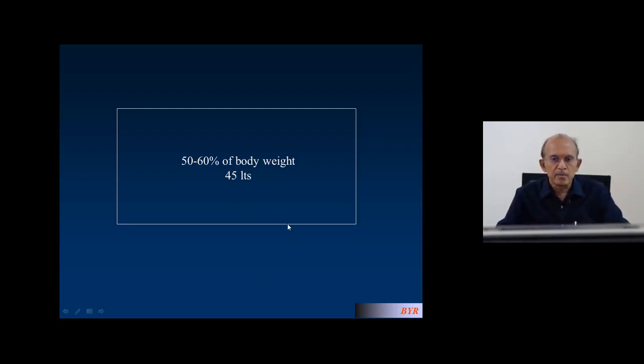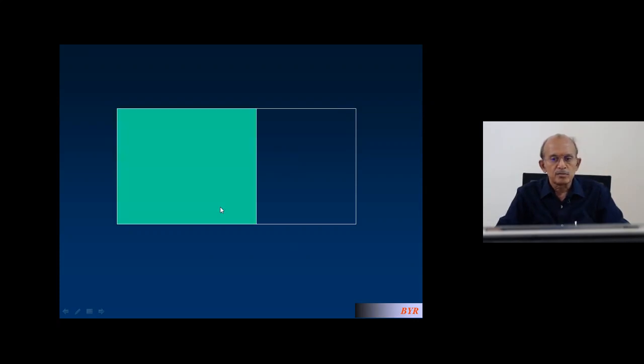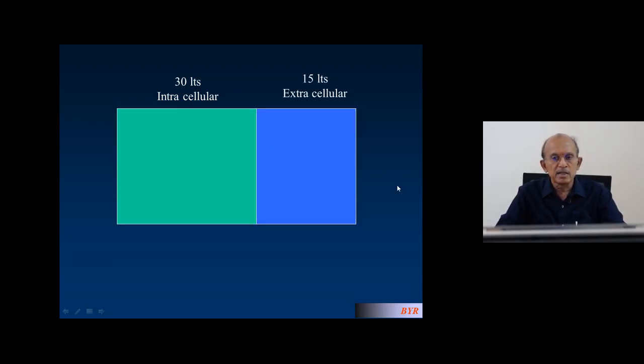Now let us see here, 50 to 60% of the body weight, that means approximately 45 liters in a 75 kg individual, is water. Of this 45 liters, 30 liters is in the cells, that is intracellular fluid, and about 15 liters is in the extracellular space. Outside the cells, the fluid is again divided into two compartments.